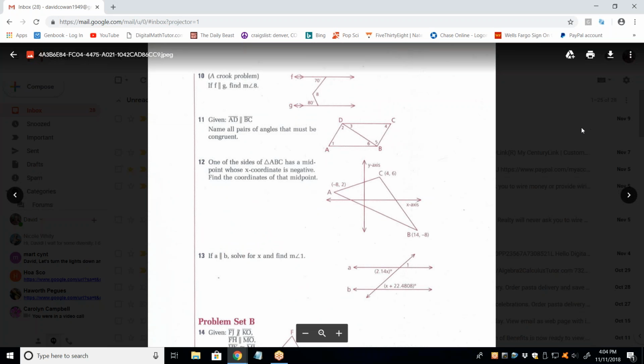A Crook Problem. I love these. You will see one of these on the SAT. Angle 8 is 150 degrees. In other words, it's what I call an M problem.